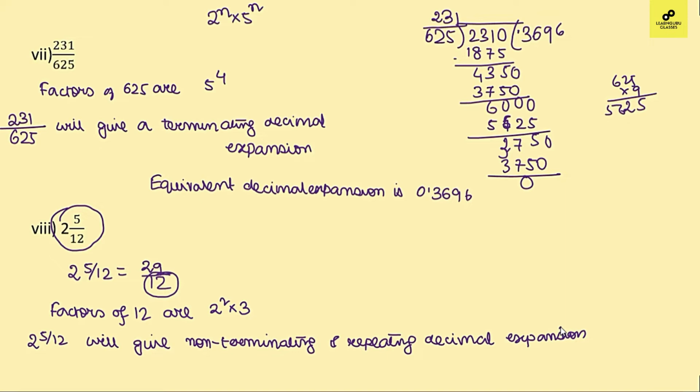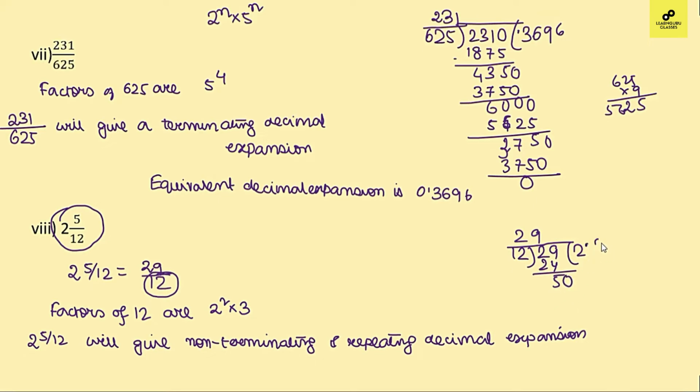Okay. Now if you want to perform the division, so 29 by 12. Okay, I am performing the division here. 12 2s are 24. Okay, 5. So 5 is less than 12. So you give a decimal here.